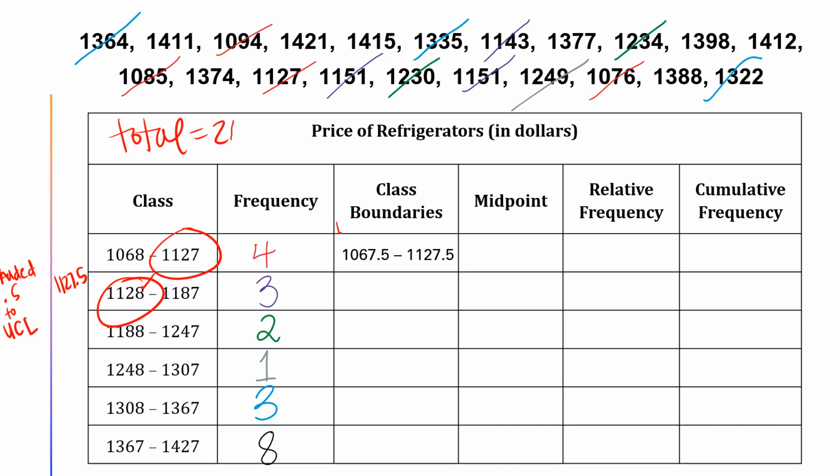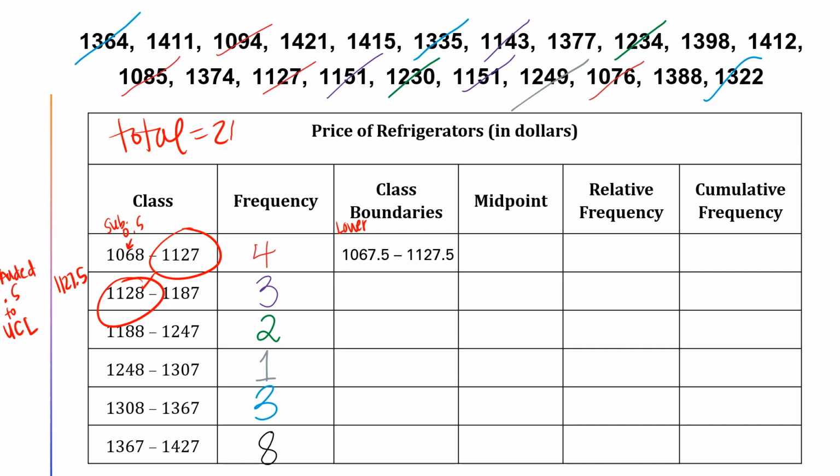To get my lower class boundary, I need to do the opposite. I need to subtract 0.5 from the lower class limit. All right, so that's where that 1067.5 comes from. So you figure out, okay, what did I have to add to get to that halfway point? Now I'm going to do the opposite to the lower class limit.